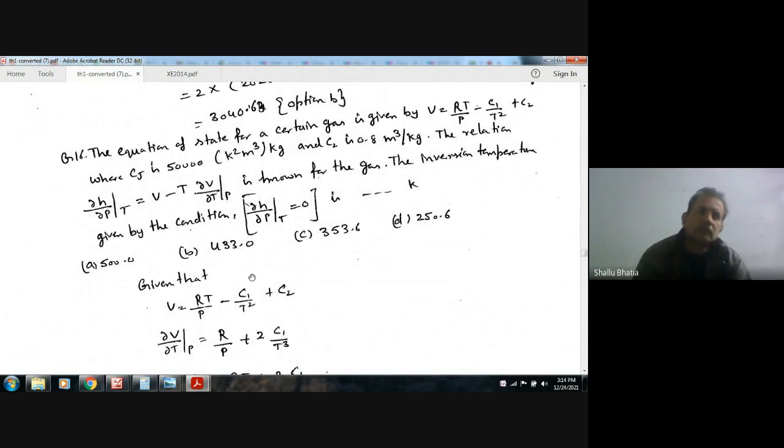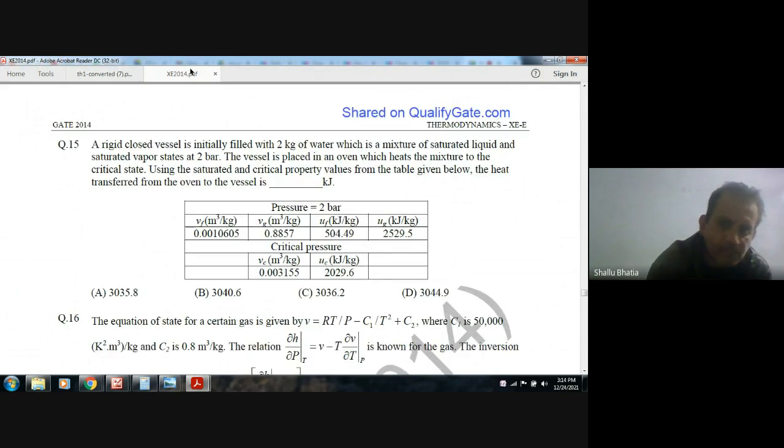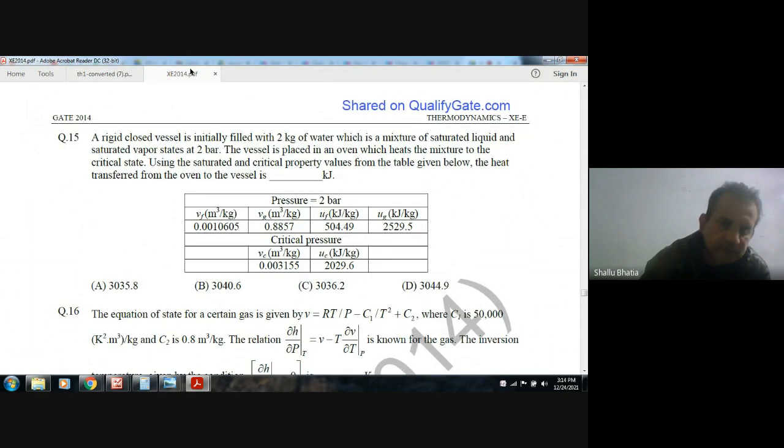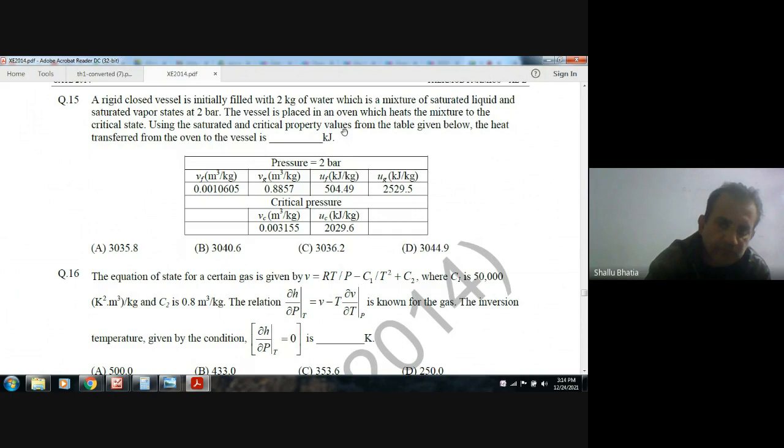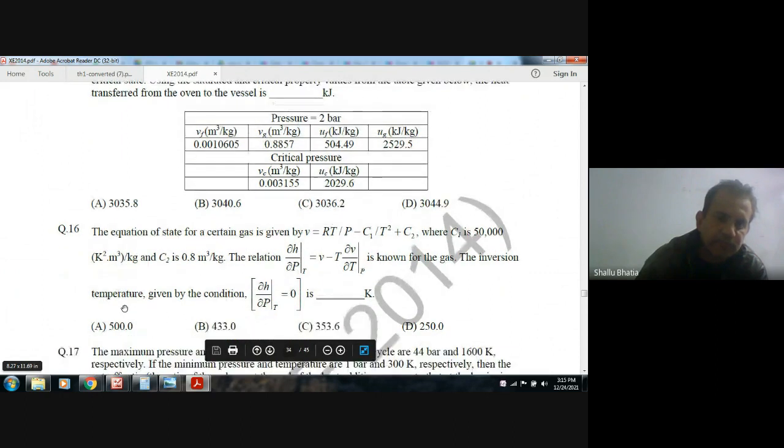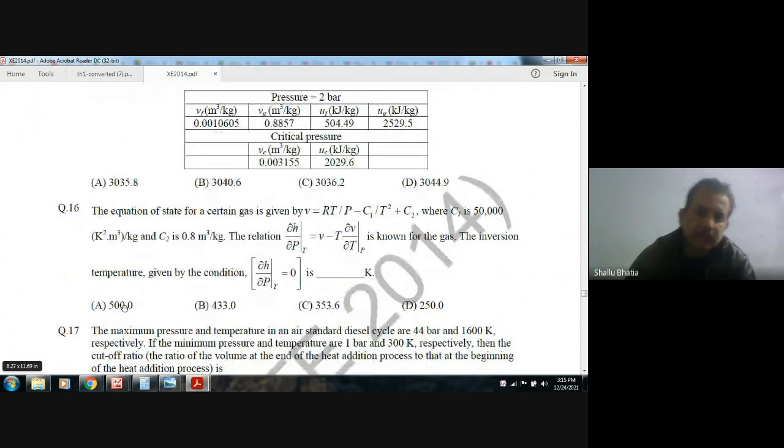Next, the equation of state for a certain gas is given by V equals RT by P minus C1 by T squared plus C2, where C1 is 50,000 Kelvin squared meter cube per kilogram and C2 is 0.8 meter cube per kilogram.